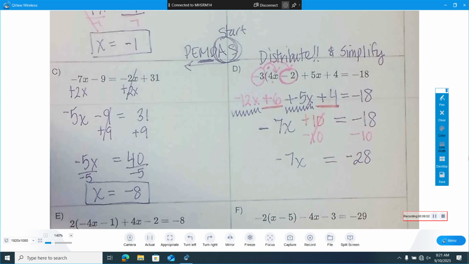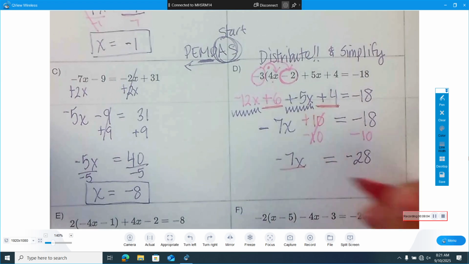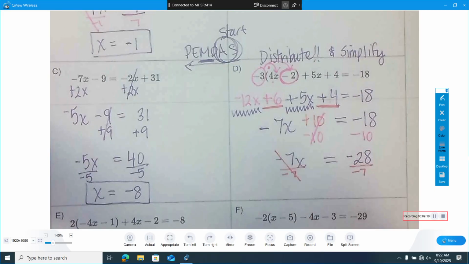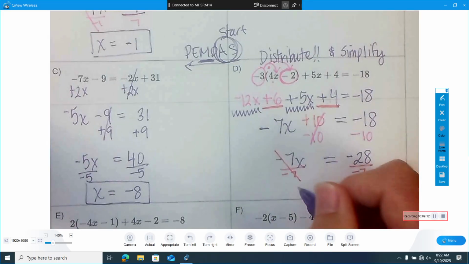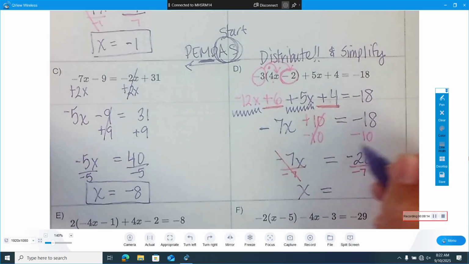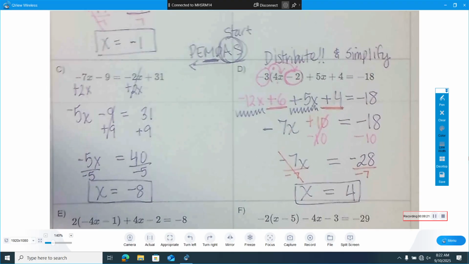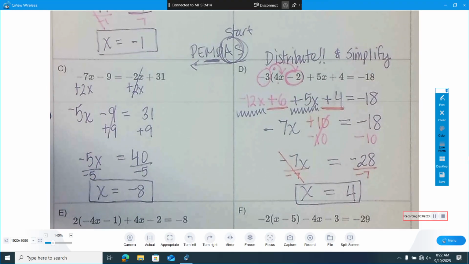And then we need to? Divide. Beautiful. Negative 7 division. Negative 7 divided by negative 7 reduces to 1. X equals negative divided by negative is positive 4. Very good. All right, how do you feel about this? Good. Excellent.